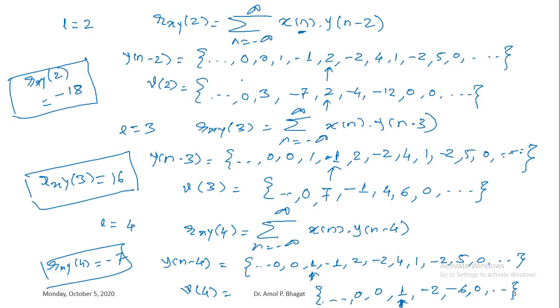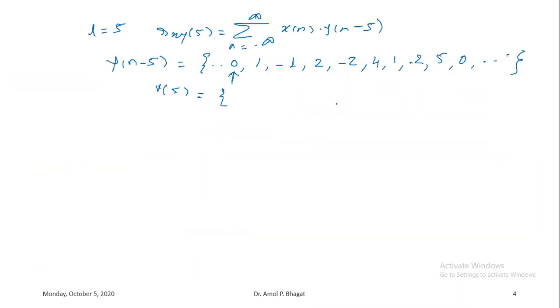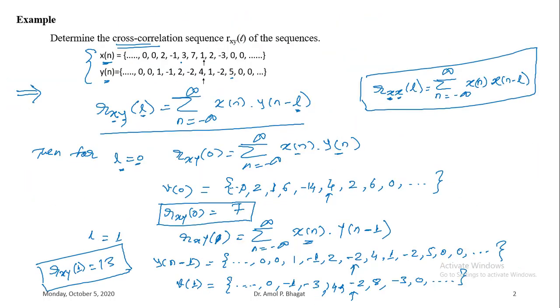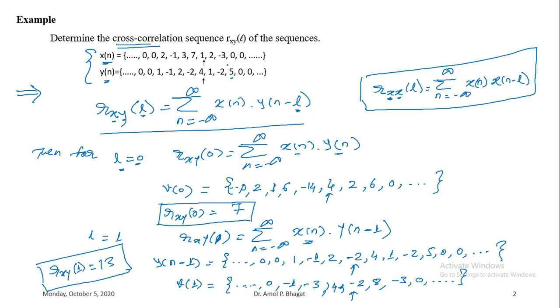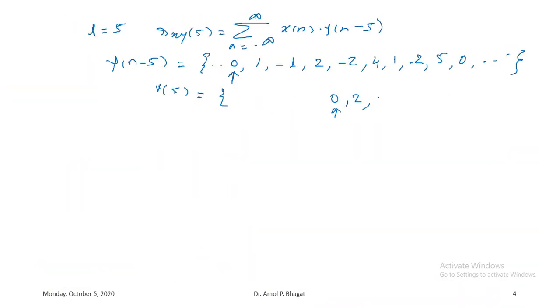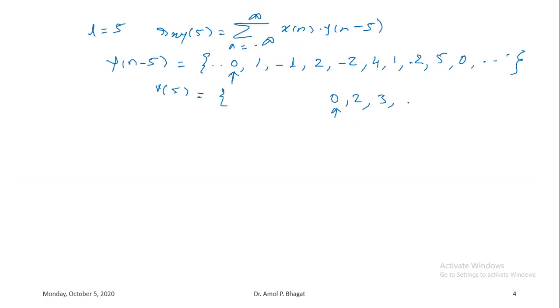So here at origin it is 0 value, here at origin 1 is there, 0 multiplied by 1 will be 0 simply. Next value is 1, so 1 multiplied by 2 will be 2, next is minus 1, so minus 1 multiplied by minus 3 will be 3, next value is 2, but all remaining values are 0, so the remaining values will be 0 and so on.